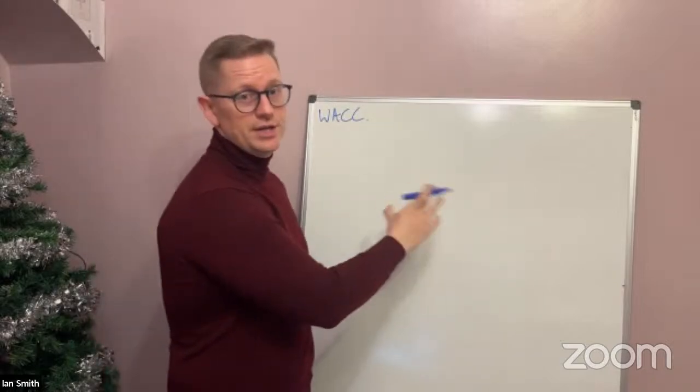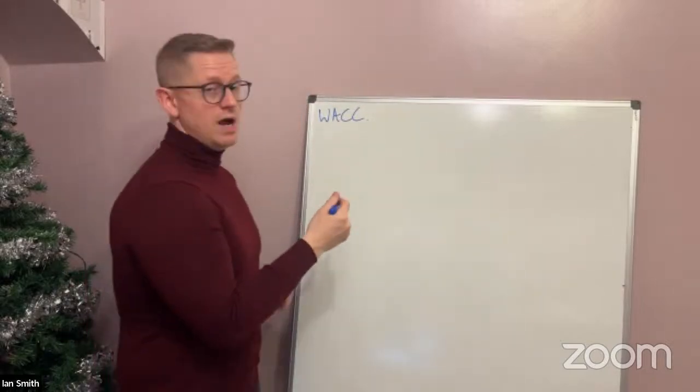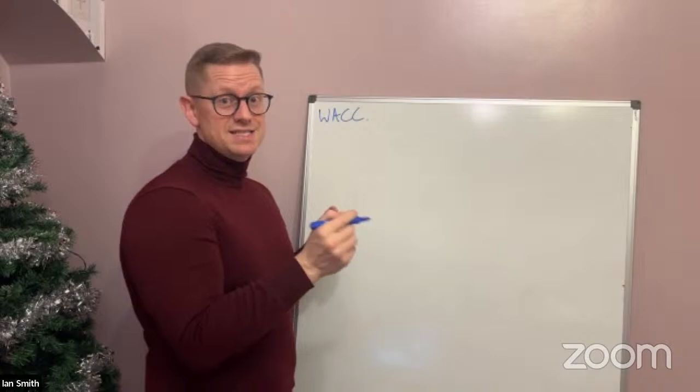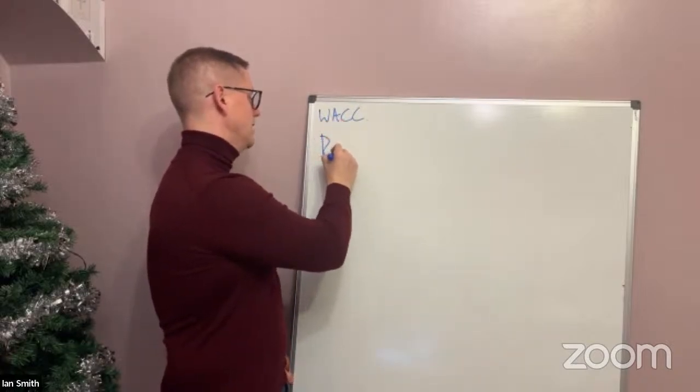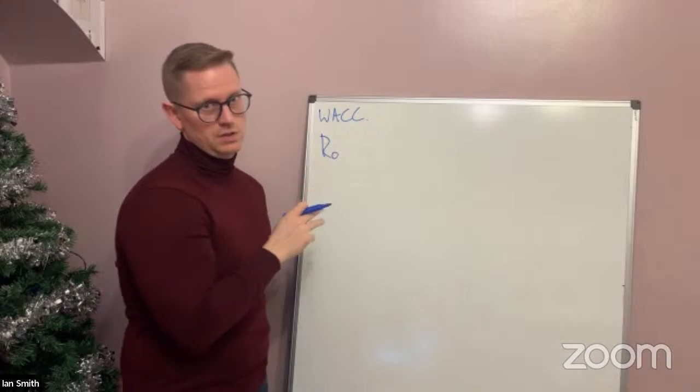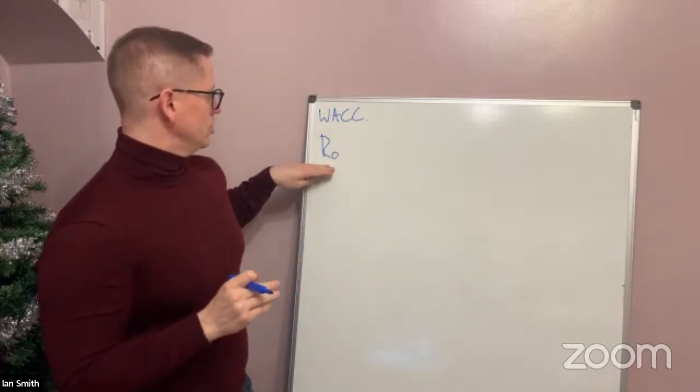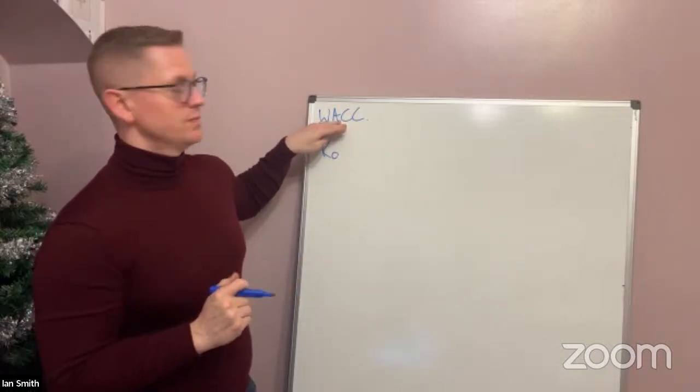You've looked at the tax rate and also the gearing. For argument's sake, I'm just going to use the letter R, and we're going to call the WACC RO. So RO equals the WACC.